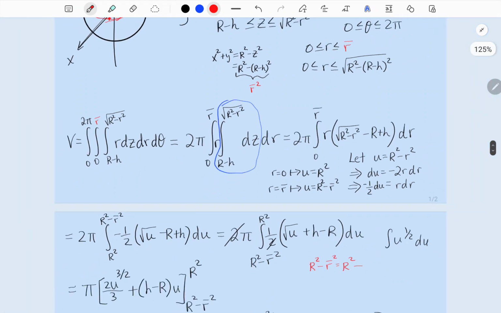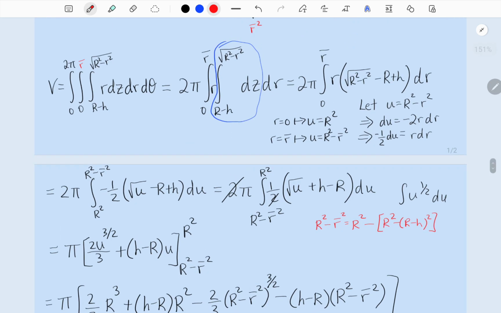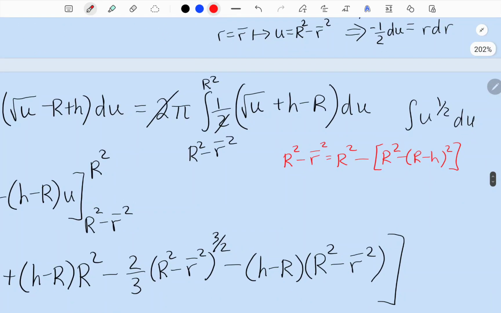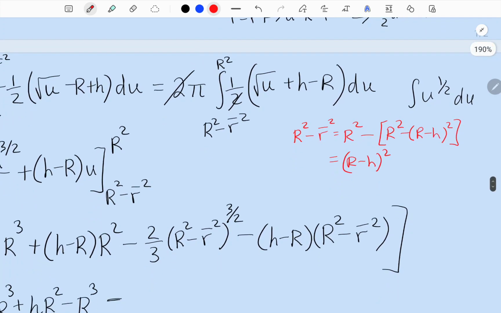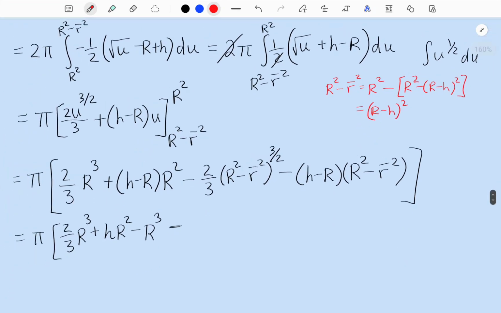So it will be minus r squared minus r minus h squared. We see here that this is just equal to r minus h squared. Okay, so because the r squares cancel out and negative becomes positive, r minus h whole thing squared.